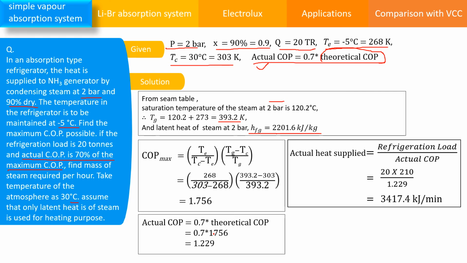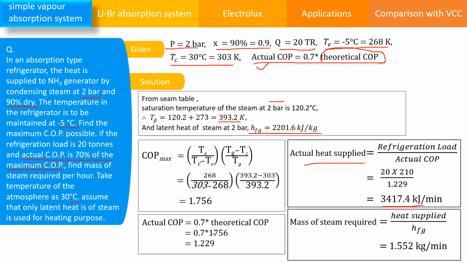Now from the actual COP, you can find the actual heat supplied. So the refrigeration load is 20 TR. We can convert it into kJ per minute and divide it by the actual COP. So refrigeration load upon actual heat supplied will be the actual COP. So this will give us the heat supplied. And this heat supplied will be equal to mass flow rate into latent heat per kg.